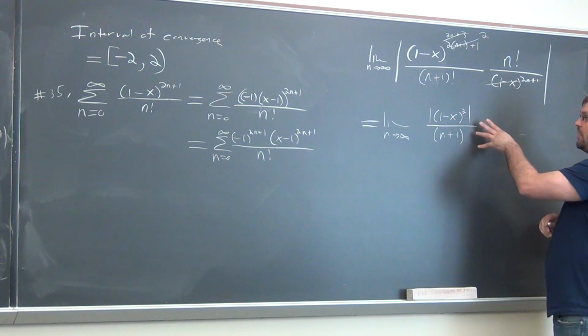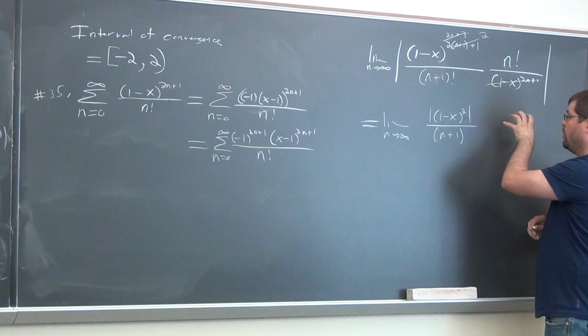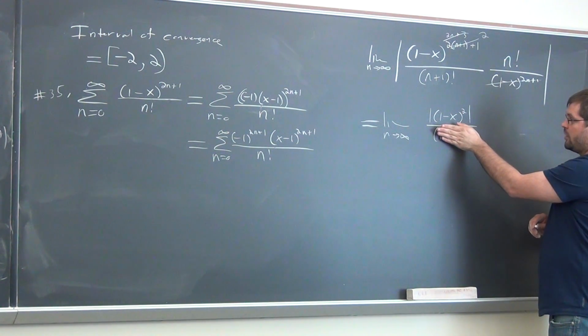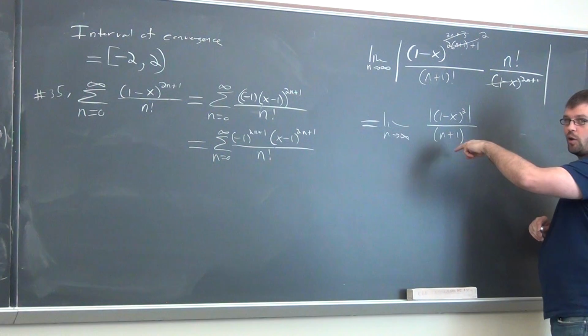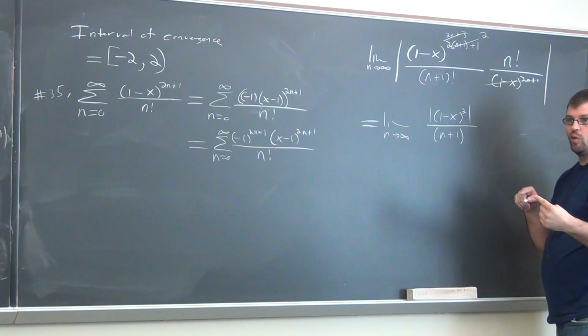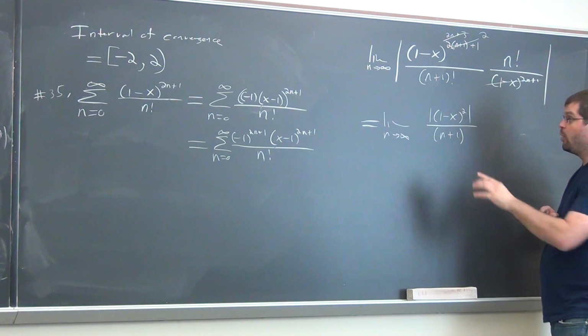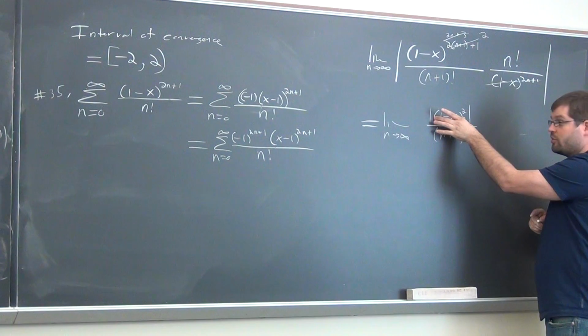So now, you have to be careful. If this turned out to be some limit, you do have to worry about that square. If the limit was 4, the absolute value of 1 minus x squared equals 4, then to find the radius of convergence, you actually have to take the square root, because you need the absolute value of 1 minus x, or x minus 1, not of it squared. In this case, it doesn't matter, because if x is fixed, 1 minus x is fixed, 1 minus x squared is fixed.